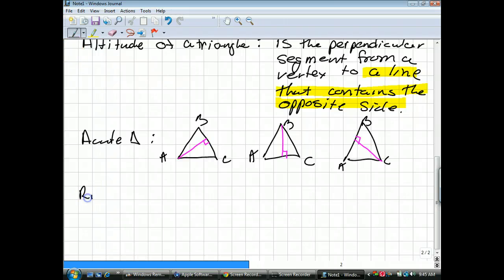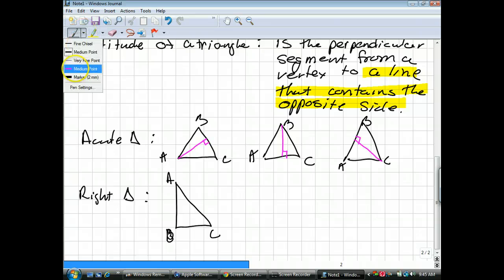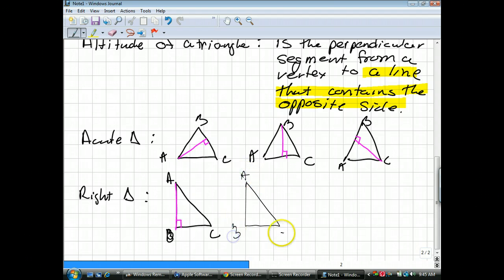However, if it's a right triangle, okay, then from A, it would be this segment. From C, it would be this segment.